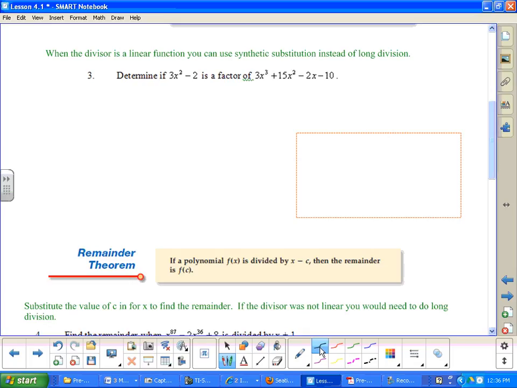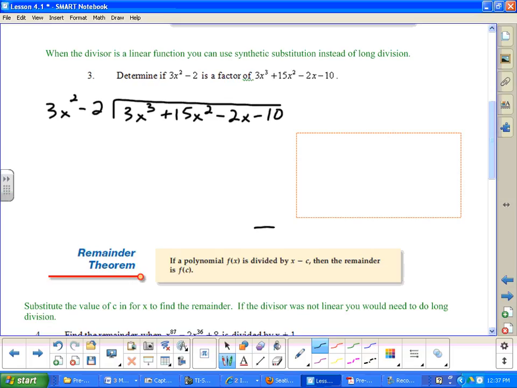So let's try it and see what happens. So we've got 3x squared minus 2 into 3x cubed plus 15x squared minus 2x minus 10. So if when I'm all done, my last line down here, I've got 0, then it is a factor. If I don't get 0, then it's not.